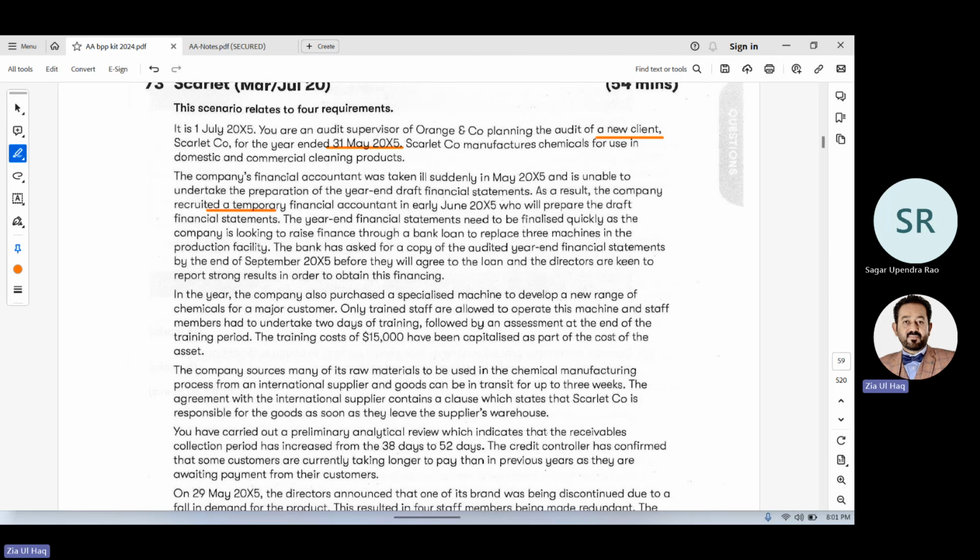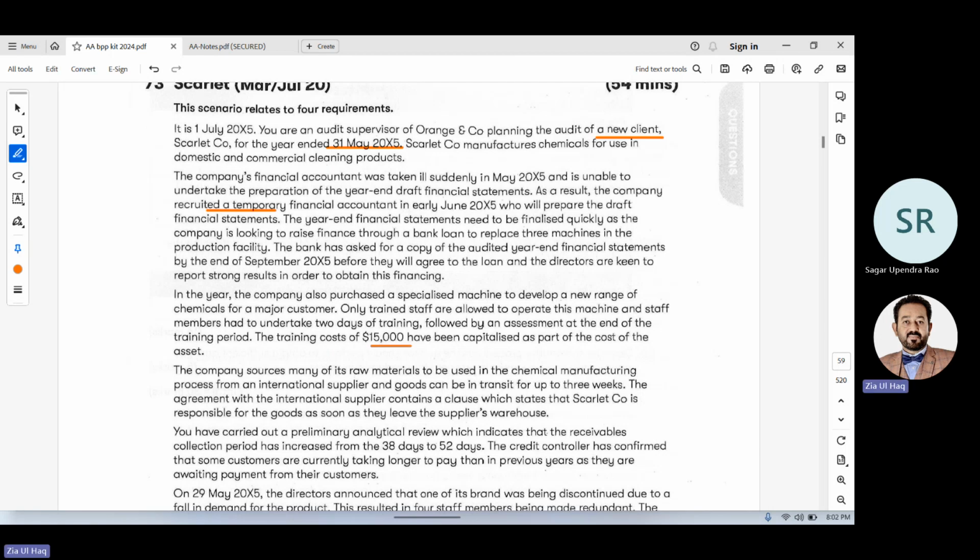The training cost of 15,000 had been capitalized as part of the cost of the asset. The company has capitalized 15,000 training cost to the asset cost.